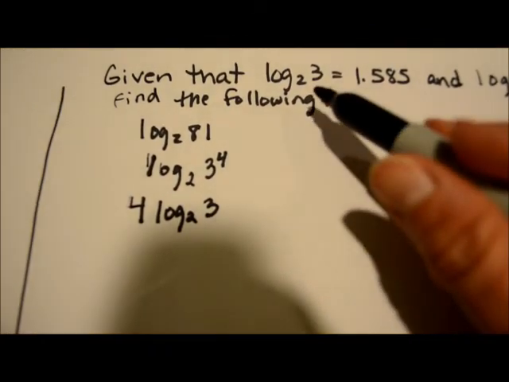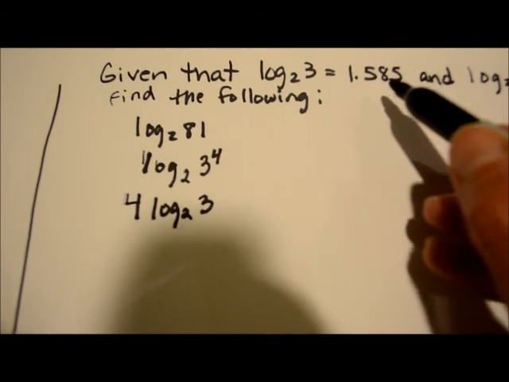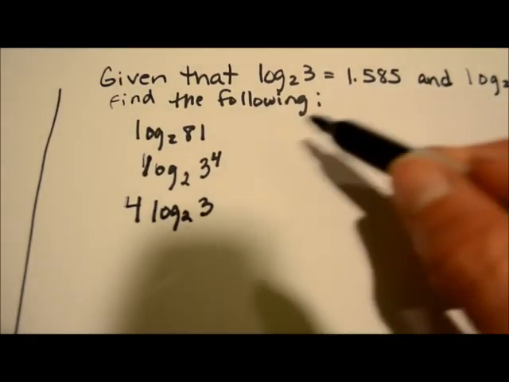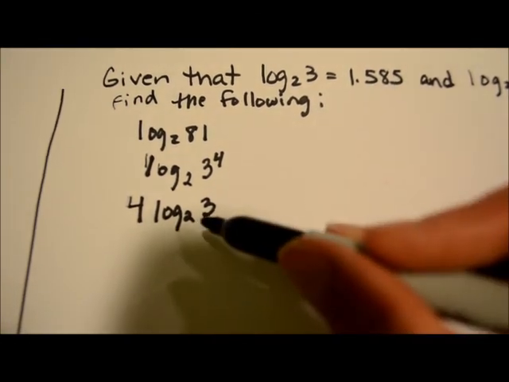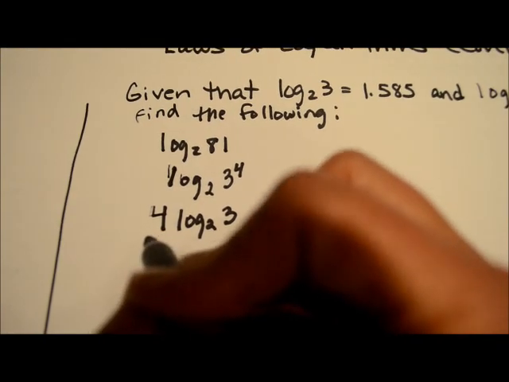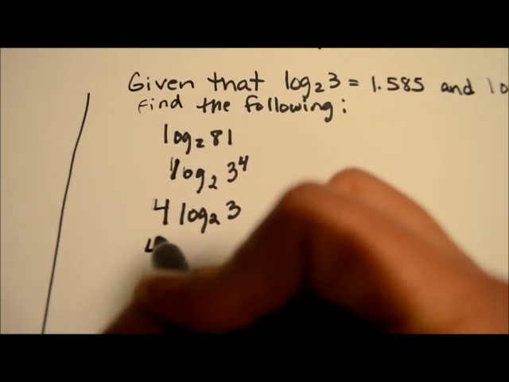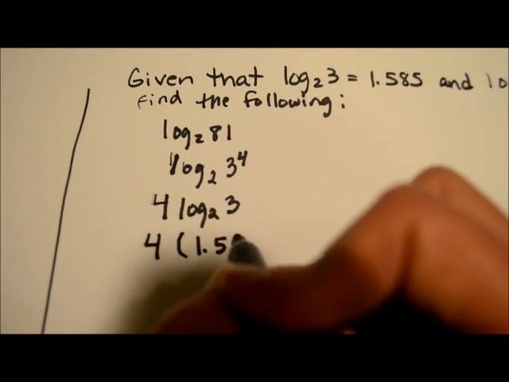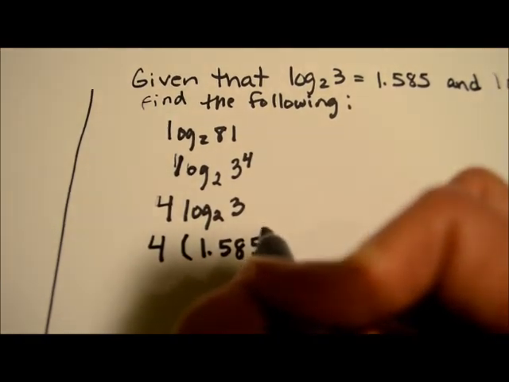Well, log base 2 of 3 equals 1.585. So I'm going to just substitute it in. I'm going to take 1.585 and substitute it in for log base 2 of 3. So what I'll end up with then is 4 times 1.585.